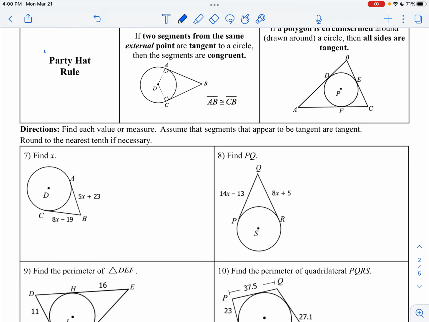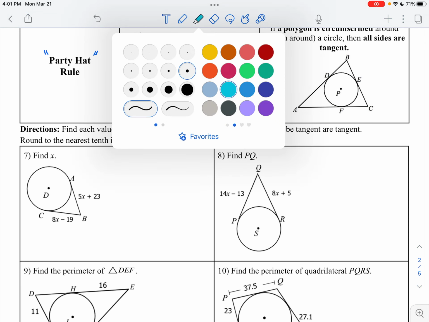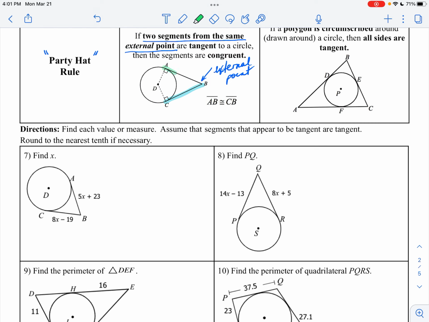So the party hat rule, okay, this is not the mathematical name for it, but it is a theorem that says that if we draw two segments from the same external point outside of the circle, in our case, this is the external point, and the two segments are tangent to the circle, so in other words, BC is tangent to the circle, and so is AB.